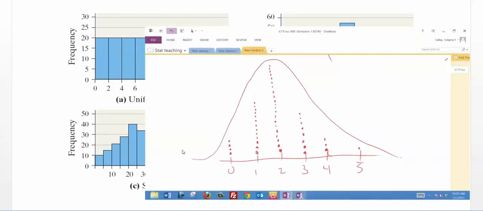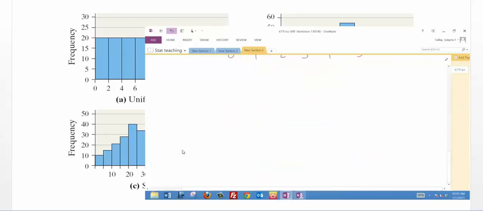Okay, so now that we have those ideas, those words, let me introduce another concept: how do we describe graphs, now that we've seen a couple of these. A lot of times in statistics, they're going to ask you to describe a particular graph. And at this point, we've seen two different types of graphs. We've seen categorical and we've seen numerical.